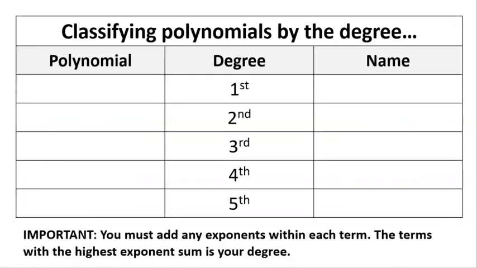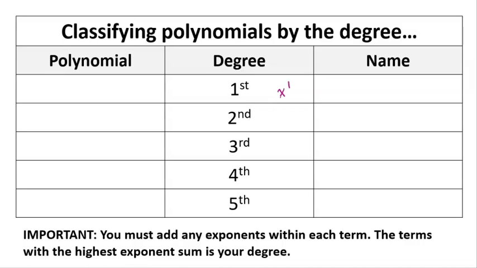All right, classifying polynomials by the degree. So when we are looking at these, if we have the first degree means that we have something to the power of 1. So x shows up somewhere, or a variable shows up somewhere. And so we're talking about adding up the exponents within each term.